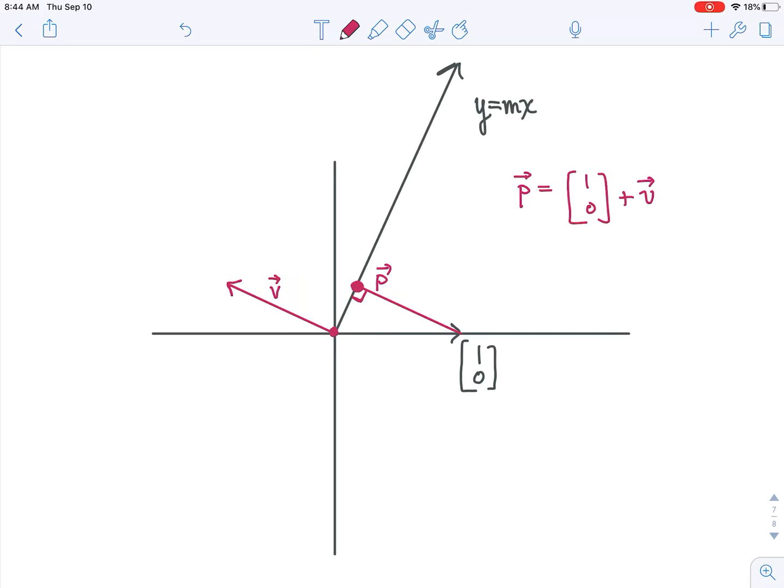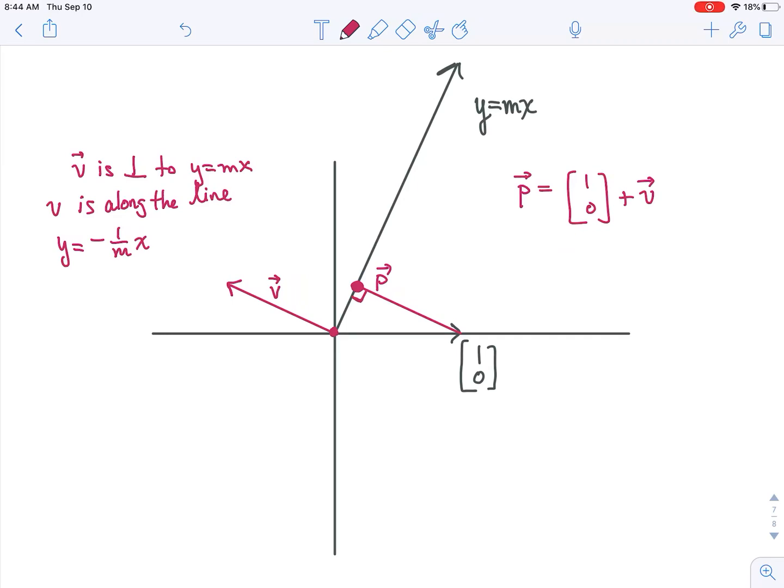And I know one other thing about v. I know that v is perpendicular to the line y equals mx. Okay. And so if I think about it, v is along the line y equals negative 1 over m times x. Remember that fact from high school algebra class that if we have perpendicular lines, the slopes are going to be negative reciprocals.